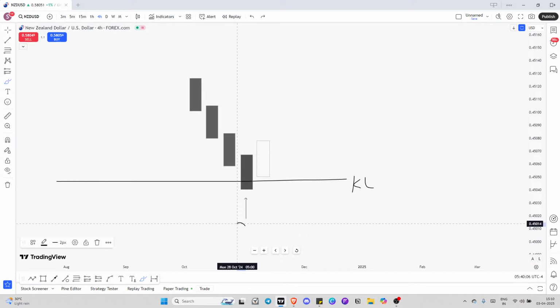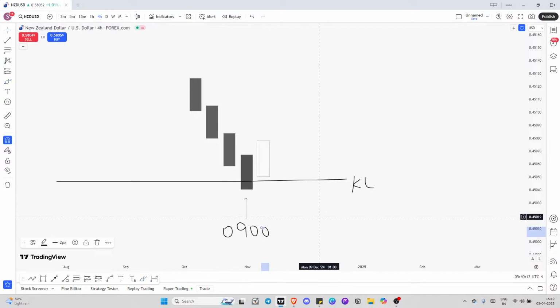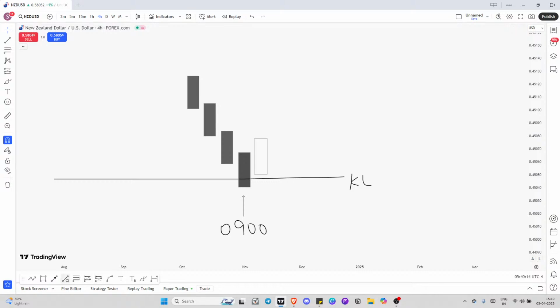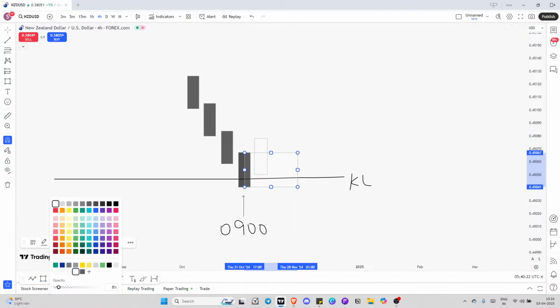You can see here it is at 9 a.m. And we take an entry inside this area.